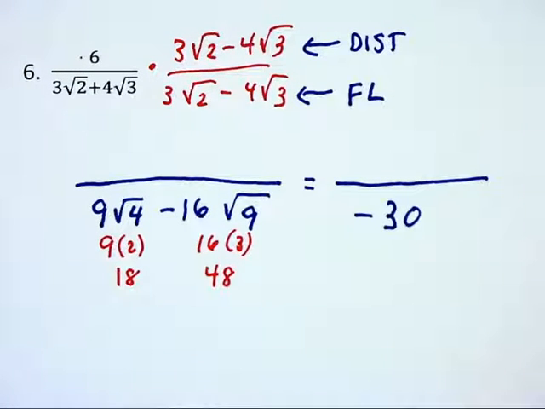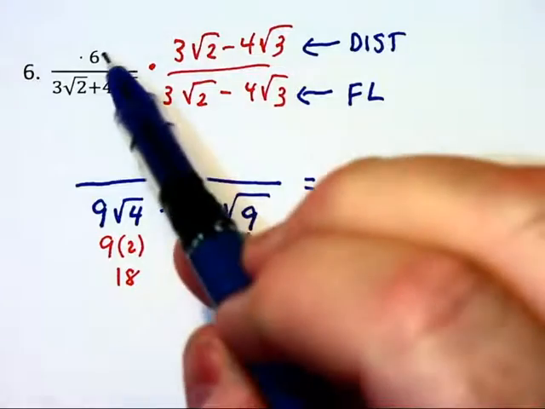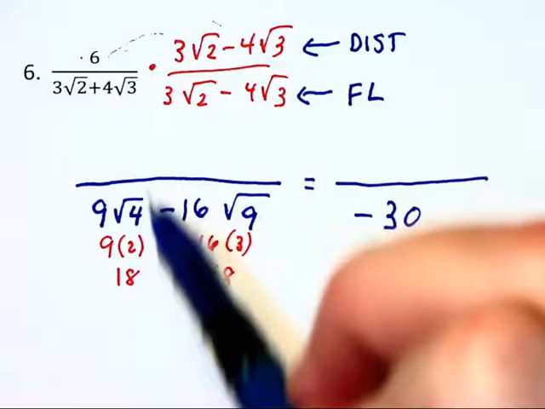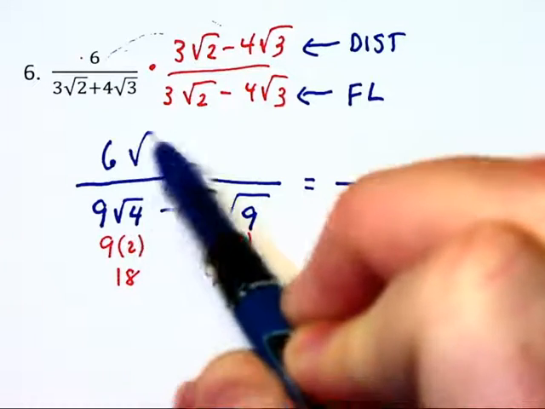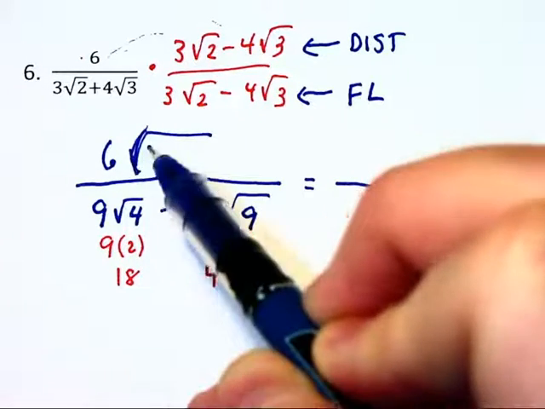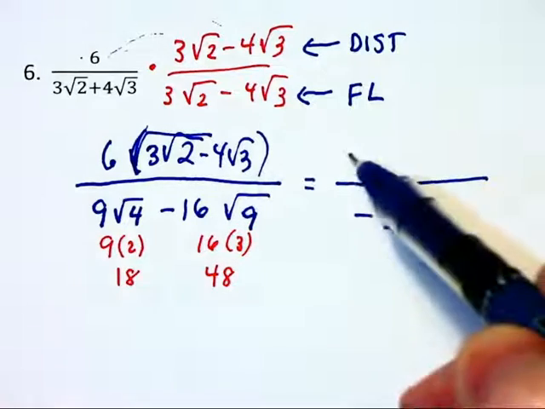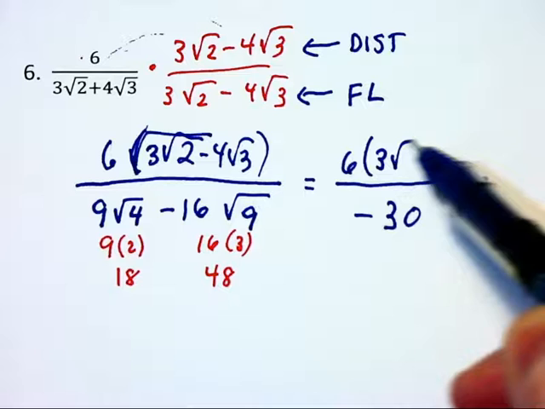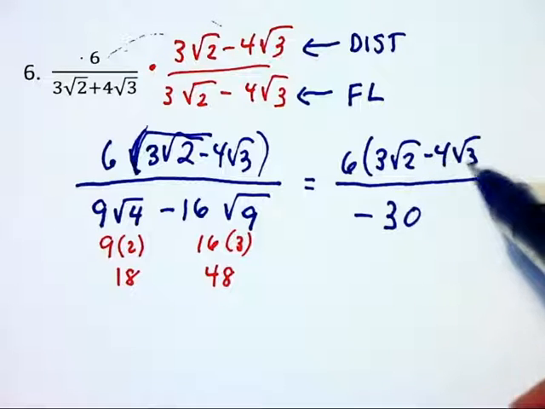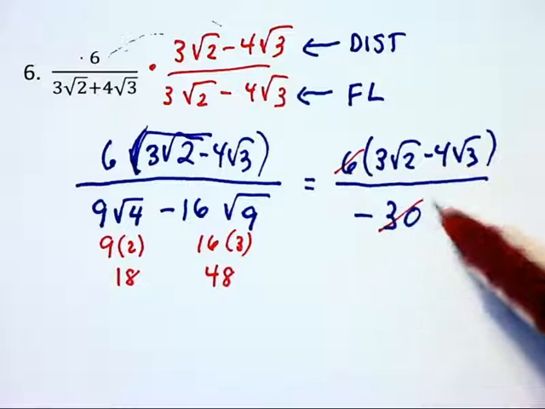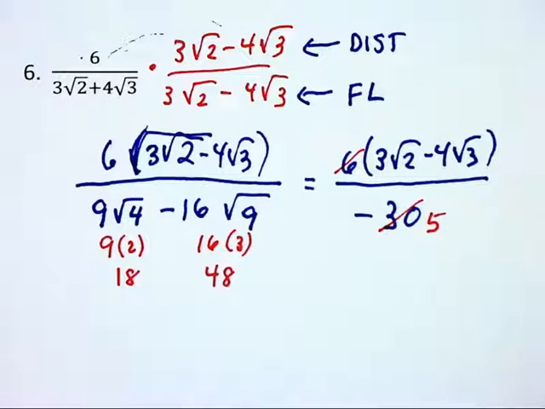Now, as far as the numerator goes, I could do the full distribution up above, but take a look here. I'm going to leave this as 6 times 3 root 2 minus 4 root 3, so that when I bring it over, 3 root 2 minus 4 root 3, I can cancel the 6 and the 30 and have a negative 5 down below.